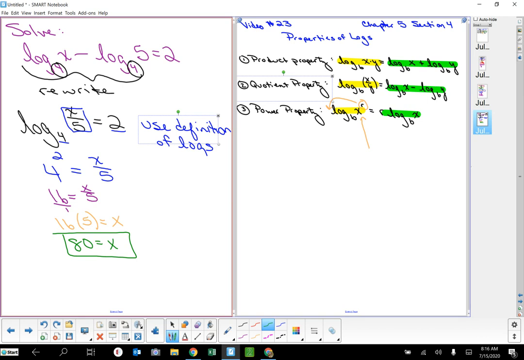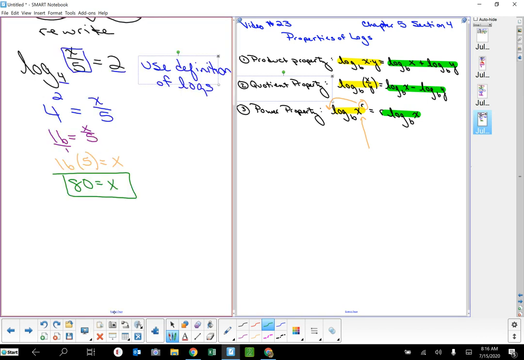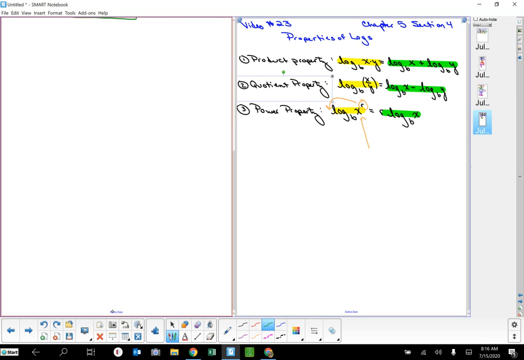All right. Similarly, let's get a whole page for ourselves. We're going to solve log base 6 of x plus 40 minus log base 6 of x plus 5 equals 1. Okay, so rewrite first.